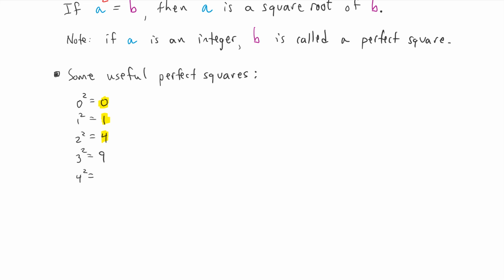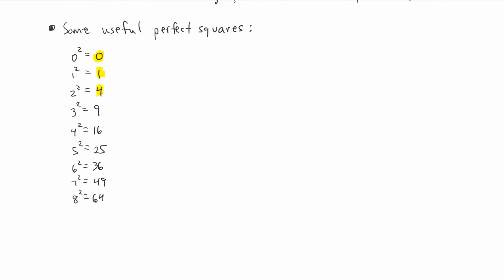Then 4 squared. So again, the perfect squares are the ones that are highlighted. These are perfect squares that we're going to use a lot: 0, 1, 4, 9, 16, 25, 36, 49, 64, 81, 100.